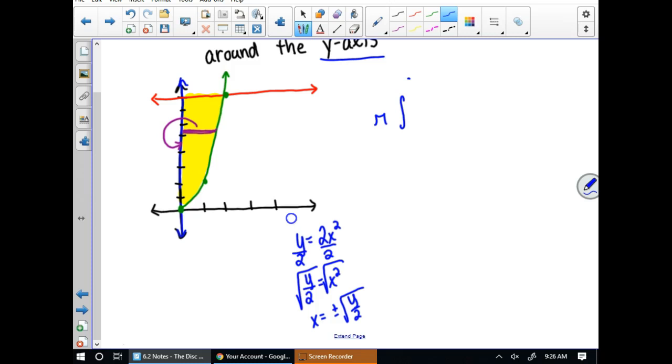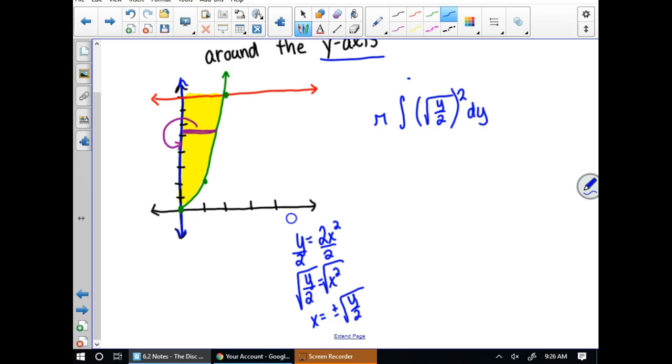Because when we plug it in, we do pi times the integral of the square root of y over 2, squared. So since you square it, it's not going to matter whether you have the positive or the negative there. And I'll put a dy.